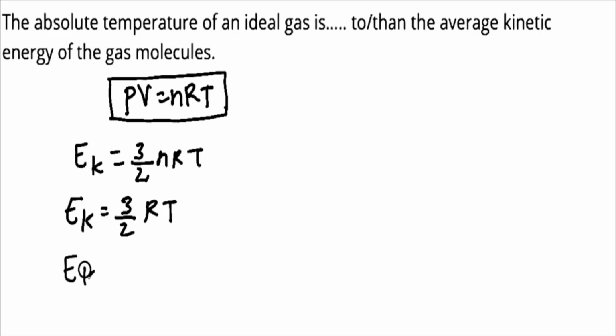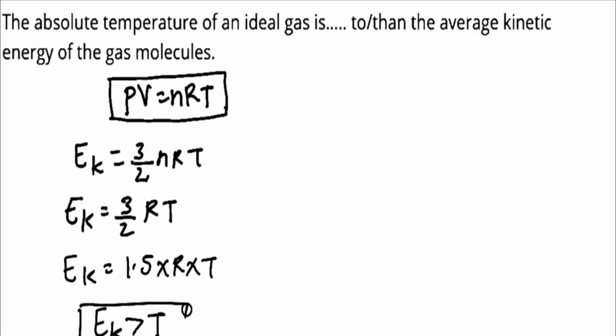So EK is equal to 1.5 times R times T. You can see here that EK is always greater than T because it is 1.5 times the temperature, initial temperature that will be given. So that's why EK value, that is kinetic energy value, is always greater than T, always greater than the temperature.